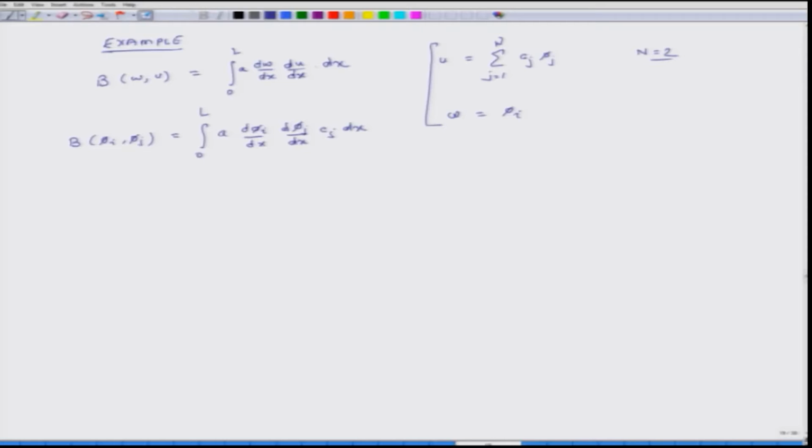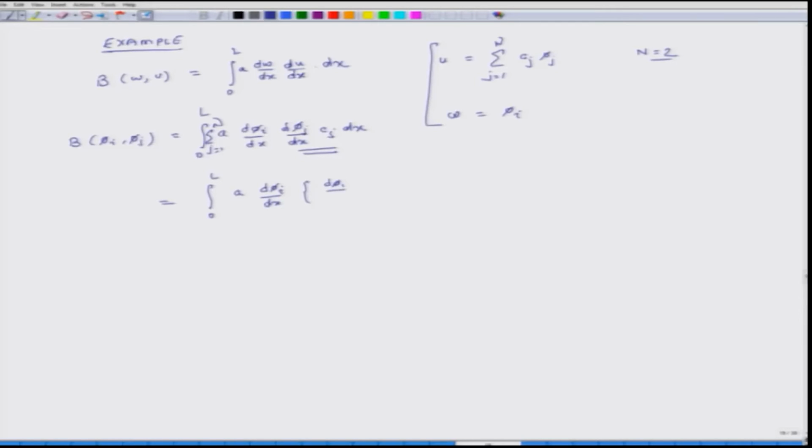I am right now just working on the B matrix and I have to sum it up over j equal to 1 to n. So this is equal to the integral from 0 to L of a times d phi I over dx, and I have to sum these things on the index j. So what do I get? Phi I could be 1 and 2, it can have only 2 values, because n is equal to 2.